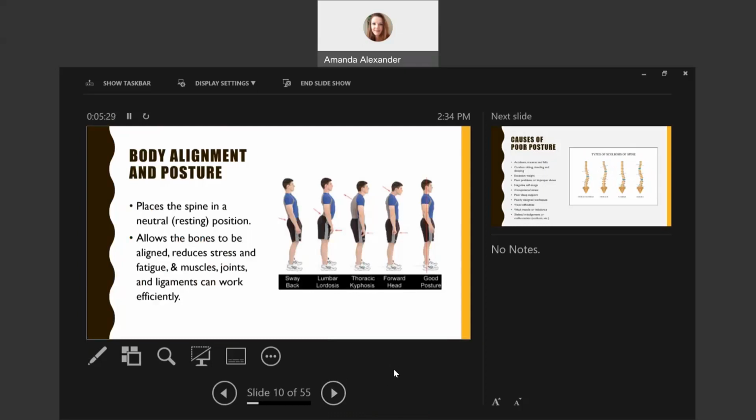So if the spine is in a neutral resting position, that is considered good posture. It allows the bones to align and reduces stress and fatigue on muscles and joints. Ligaments can work efficiently in this posture.